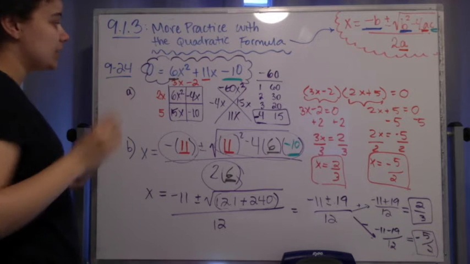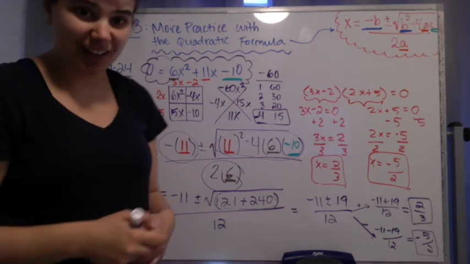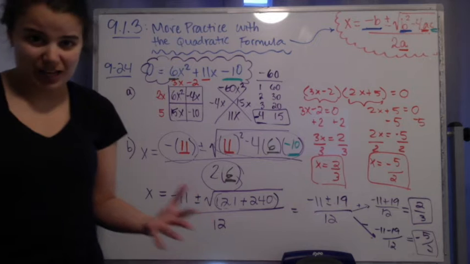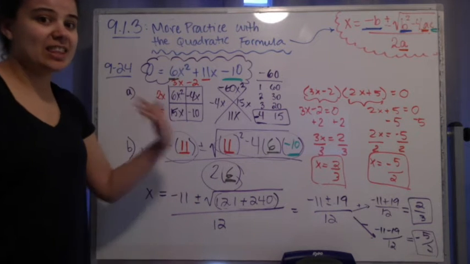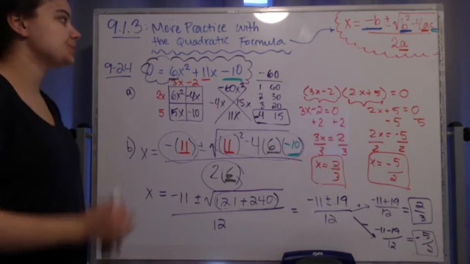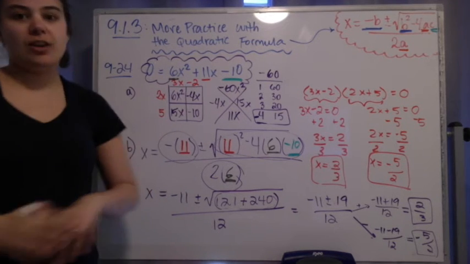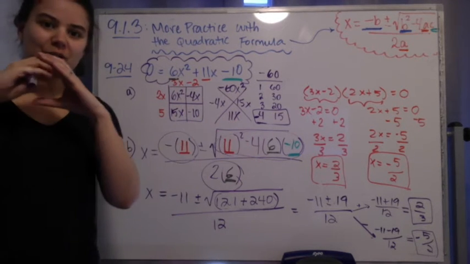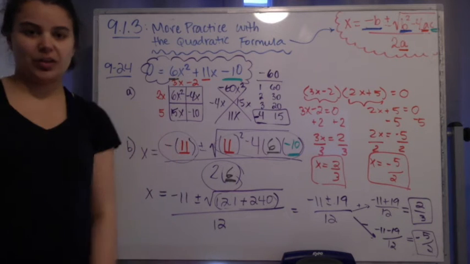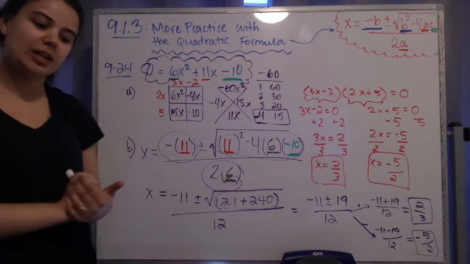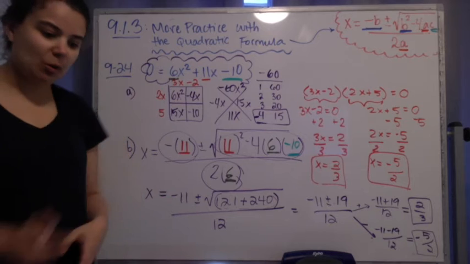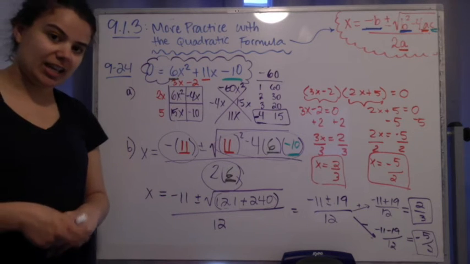If it's not already equal to 0, make it that way. So like subtract on both sides or add on both sides, and then identify A, B, and C. Also note if one of the terms is missing, then there aren't any of those terms. So you're going to put in 0 for that number in the quadratic formula. Give it a shot. I will be going over the answers in a few moments.